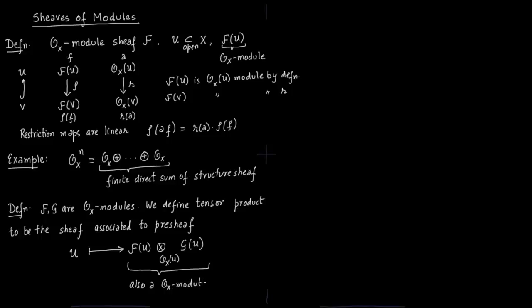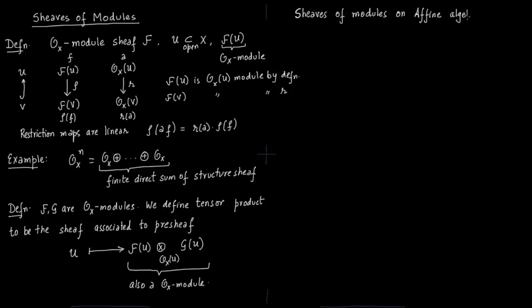So now we have defined what a general OX module sheaf means. It is nothing but a module over a ring. That is the basic idea to think about it. There's nothing deep in it, and we have also seen the tensor product. Now we want to talk about sheaves of modules on an affine algebraic variety.